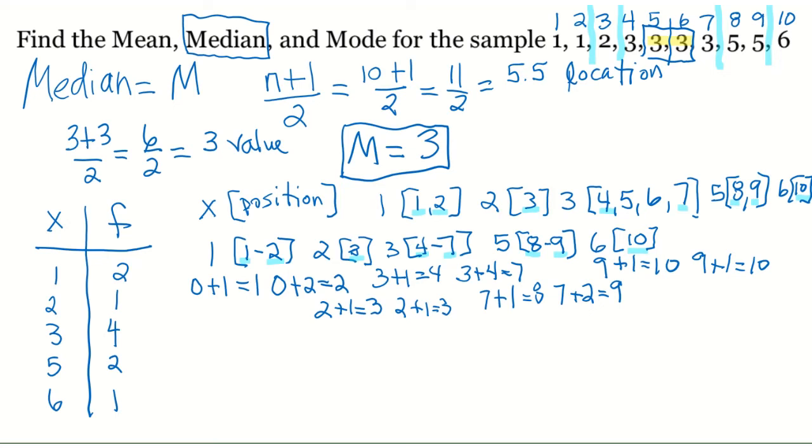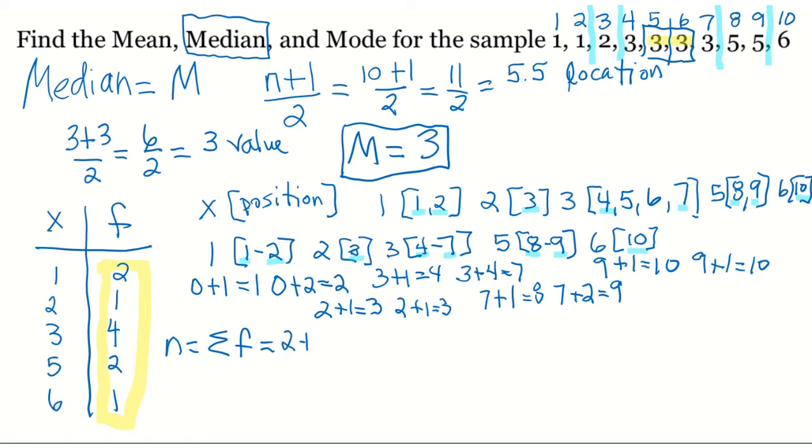And once again, let's say they just gave you the frequency table. Then if I want to find out what n is, my sample size is going to be the summation of the frequencies. So all that is adding up the frequencies. So let's add that.